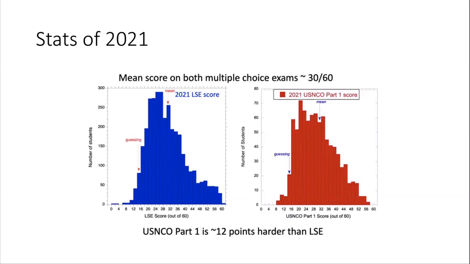And then the national Part 1 in 2021, the mean is also 31. But it doesn't mean they have the same difficulty. Don't forget, the national exam takers are actually the top students from the local exam. So actually there is a significant elevation of the difficulty.